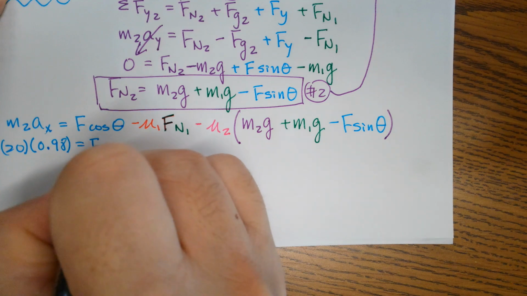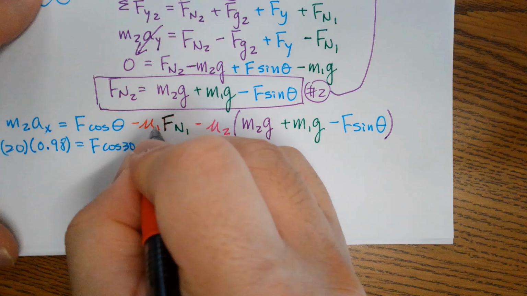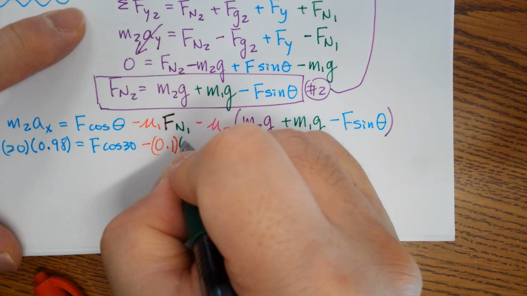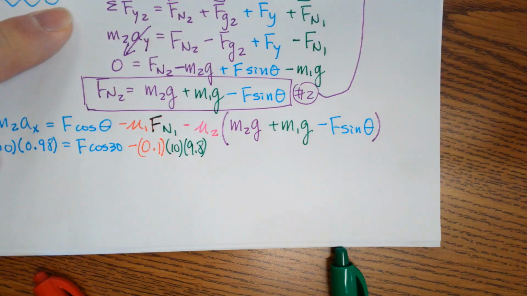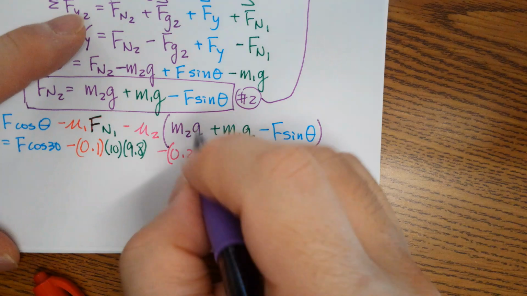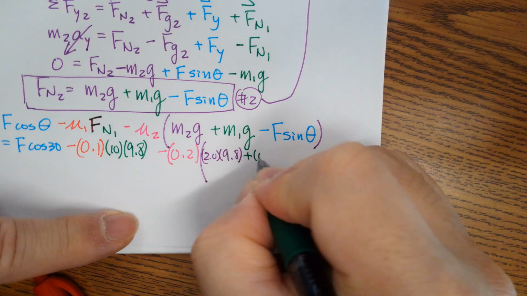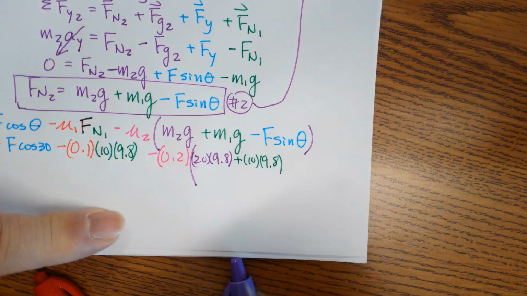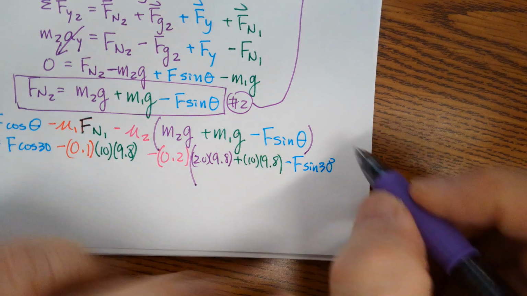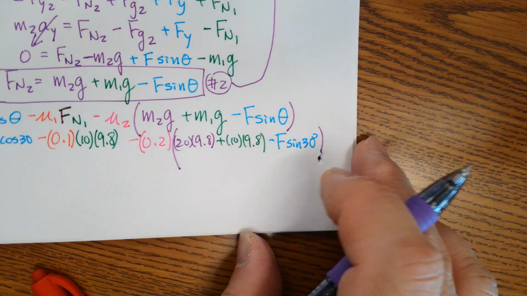That is equal to f times cosine of 30, which is 0.866, minus mu1, 0.1, times f normal 1, which is 10 times 9.8, minus 0.2 times all this mess right here, right? 20 times 9.8 plus 10 times 9.8 minus f sine of 30 degrees. Oops, there's a pothole. All right.